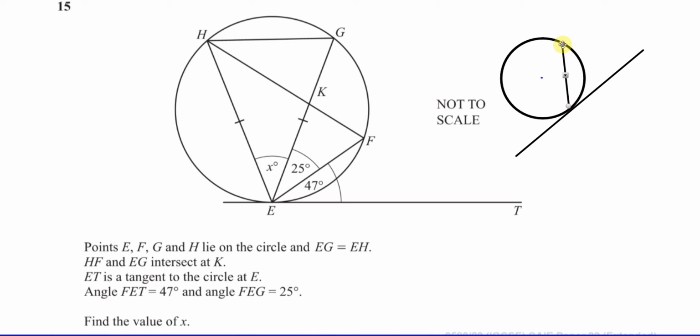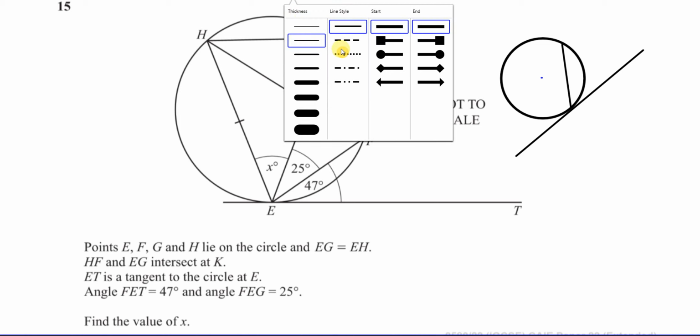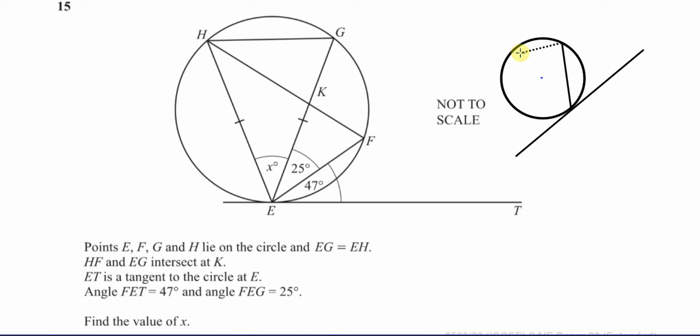The tangent hits the chord at this point. Now, there's an angle that stands on this tangent. If I draw a line from here to anywhere on the other side of the circle, this angle here is standing on that chord which is touching the tangent.